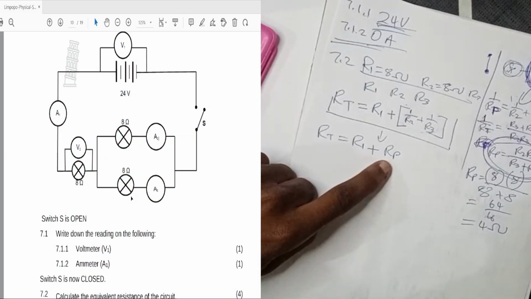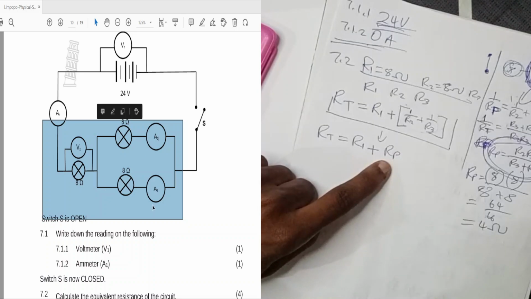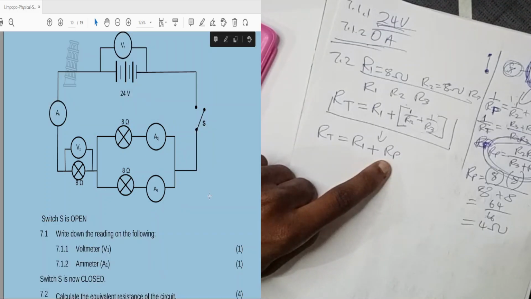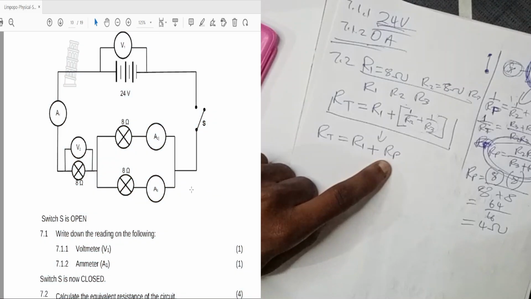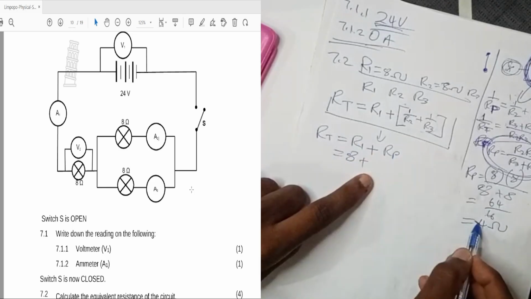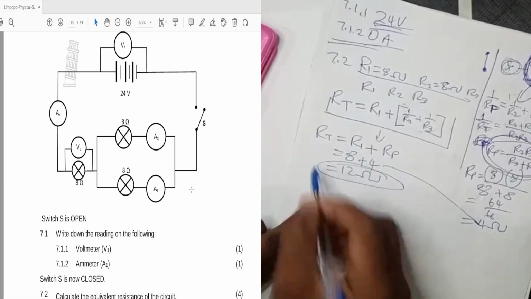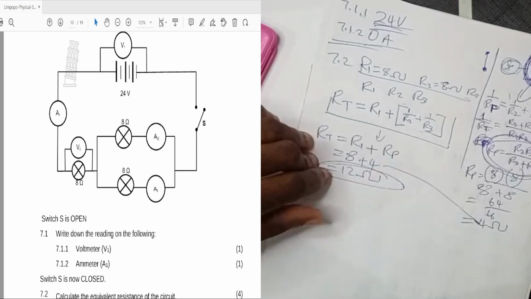R1 is this one, which I haven't touched. These together are in series, because this is where we split. Are you with me? Then what is R1? 8. What is RP? It's 4. Then the total resistance is 12 ohms. And we got the answer.